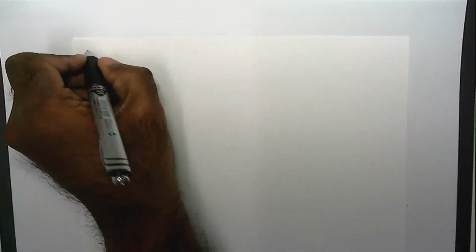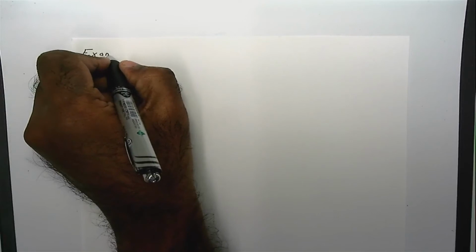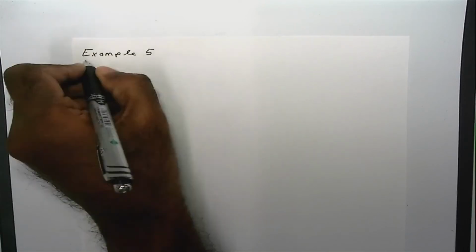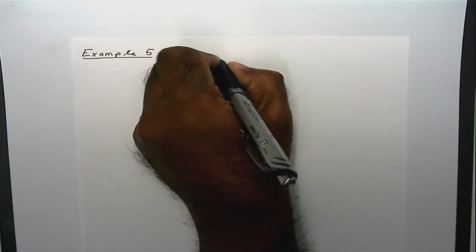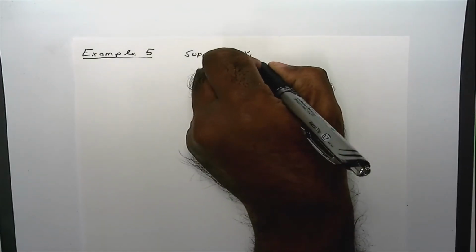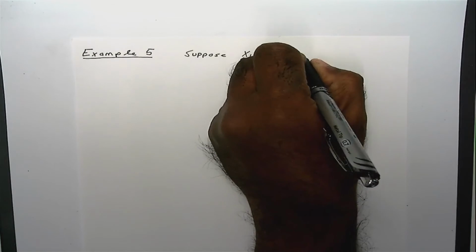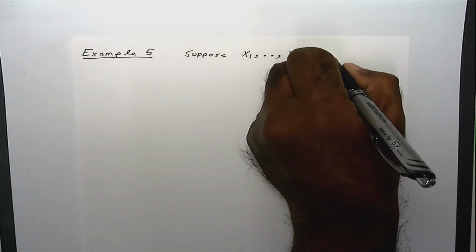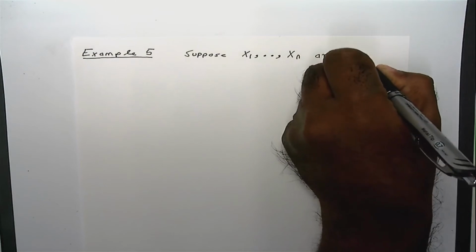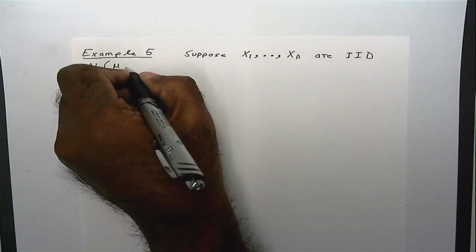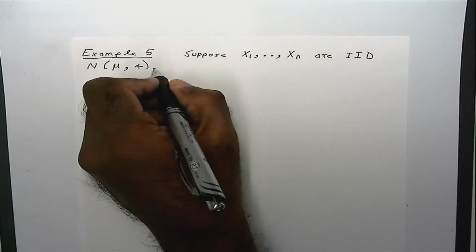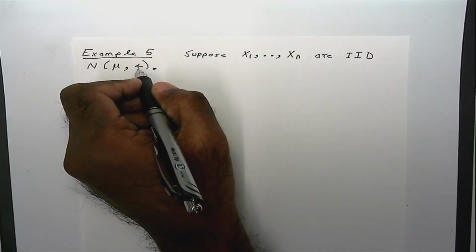Alright, the next example is example 5. Suppose you have a random sample from a normal population with mean mu and variance equal to 4.